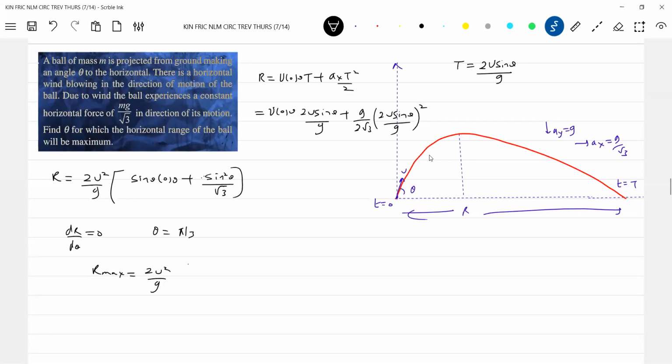Substitute that value. So 2u square by g, sine 60 is root 3 by 2, cos 60 is 1 by 2, root 3 by 2 whole square by root 3. So 2u square by g times root 3 by 4 plus 3 by 4 root 3.